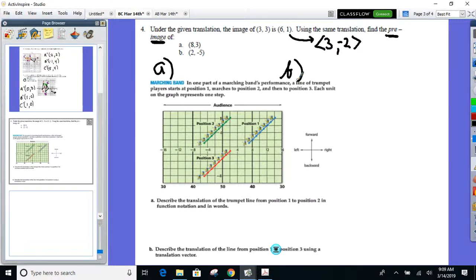Don't apply the rule to the point. This is where I ended. Got to know where I began.